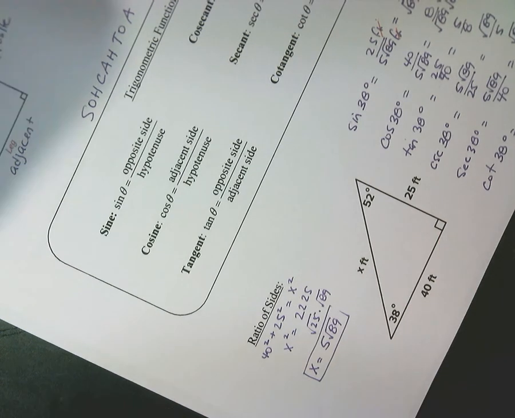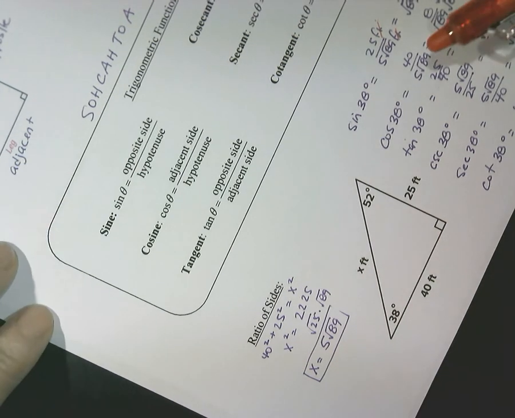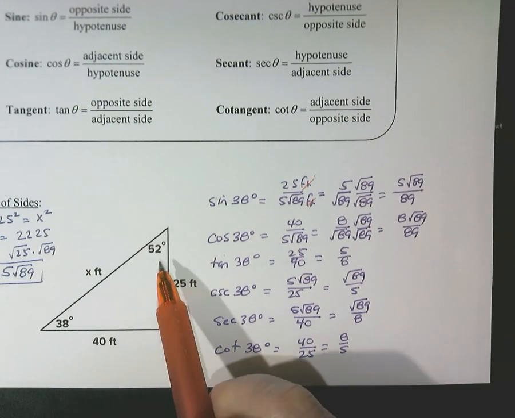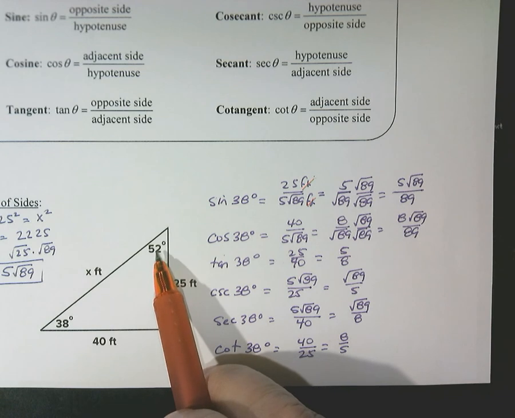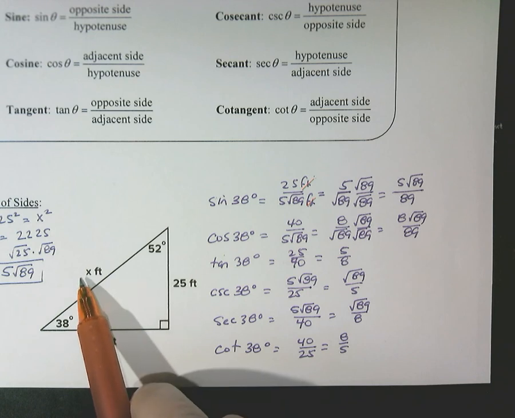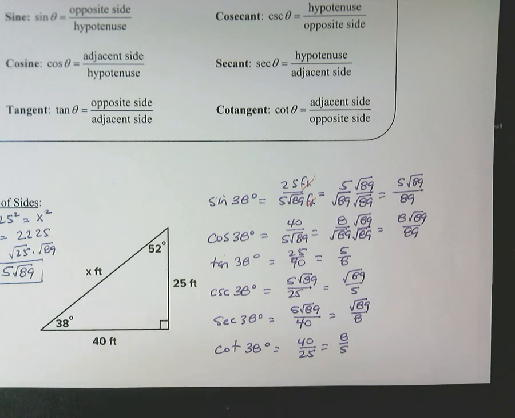Just because I turn the triangle around does not change the opposite side. If I were asking for the sine of 52 degrees, 52 degrees is here, so the sine of 52 degrees would be 40 divided by 5 square roots of 89. So the opposite means the opposite from the angle you're talking about.